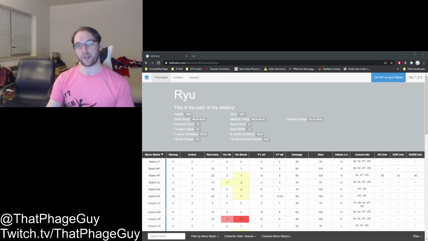A special cancel is a way to cancel specific normal attacks, and again, the specific attacks that are cancelable depends on the character, by starting up a special attack while the normal attack is still in the process of hitting the opponent.